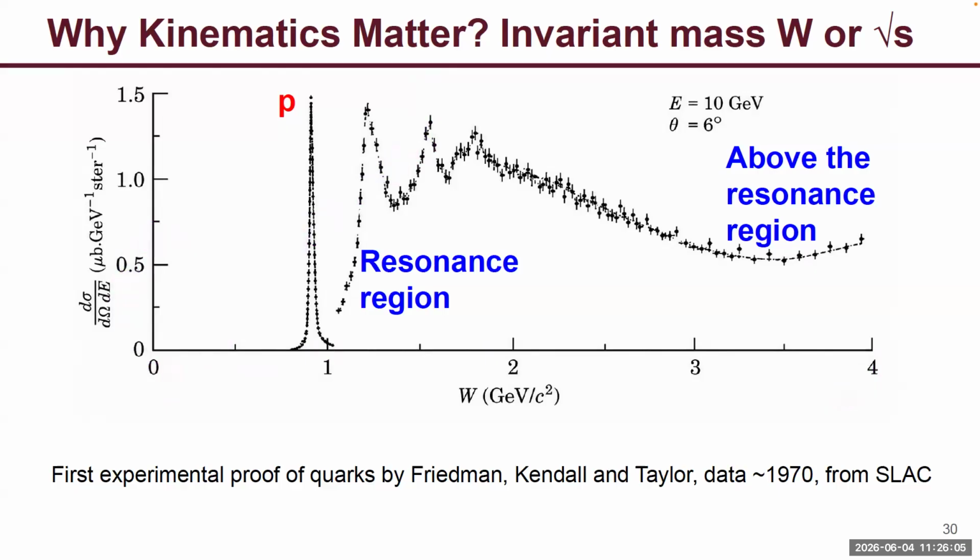If I want to see inside of the proton, I want to see the parton distribution of the proton, and then I ask you to develop an experiment, you probably won't develop an experiment with a W in this region because there are lots of resonances, right? You want to actually say, okay, above 2.